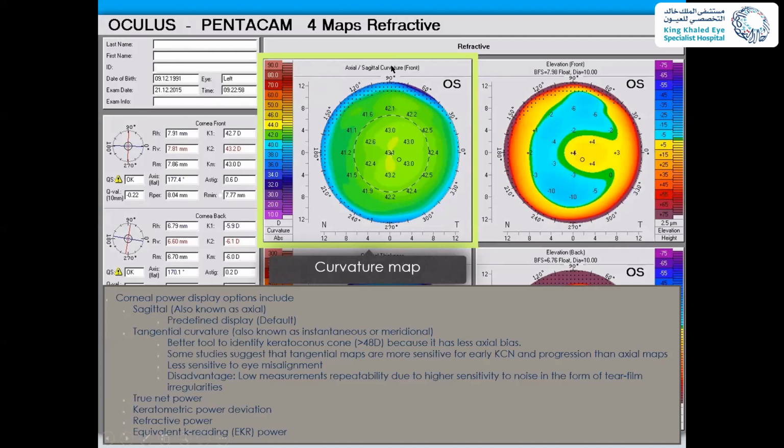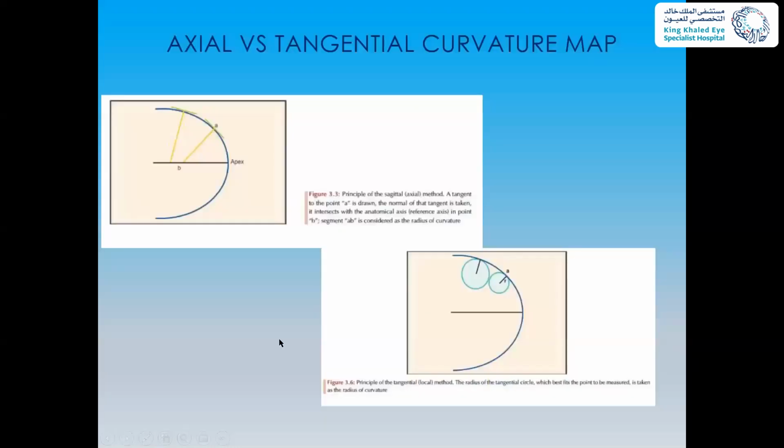So you have an option to decide which curvature map you want: axial map, tangential map, true net power, keratometric power deviation, refractive power, and even EKR here.